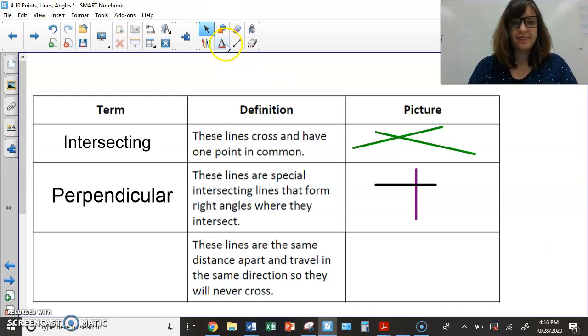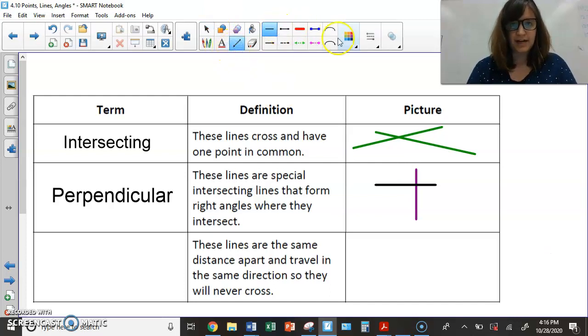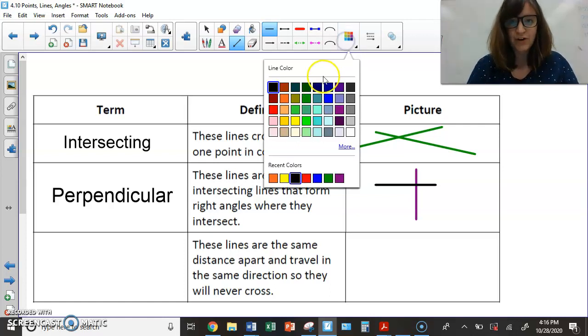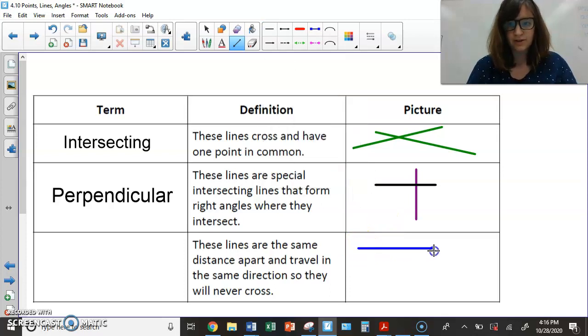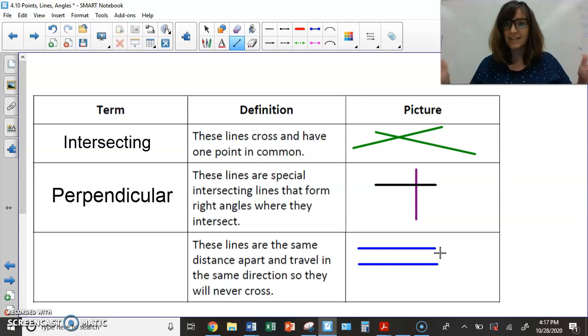Now, these next pair of lines travel the same direction the whole time, and they never, ever cross. So if it's going this way, there's another line that goes this way, okay? No matter how far they go in either direction, they would never cross, okay?